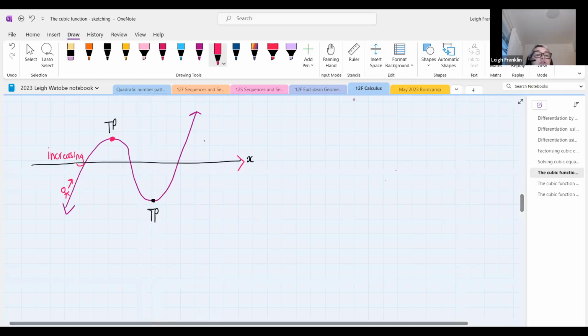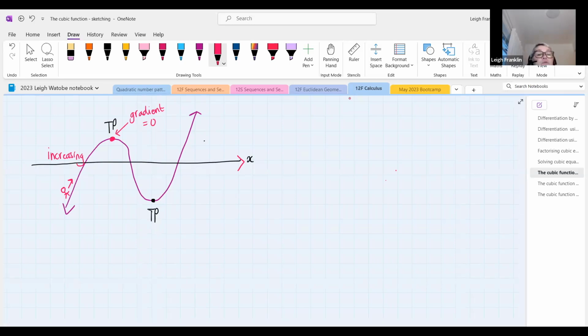Then we get to the turning point. What's happening to the gradient at the turning point? Exactly, Leanne, it's 0, because you're not walking up and you're not walking down. So the gradient is equal to 0 at your turning point.